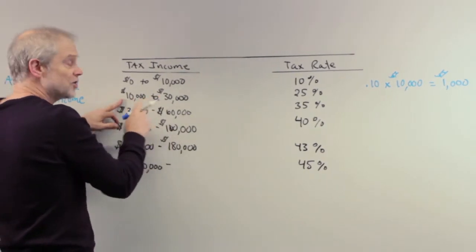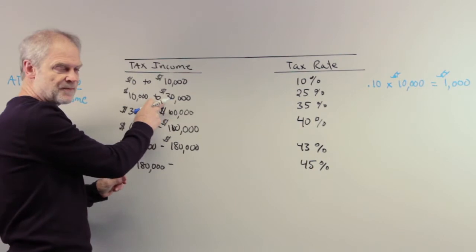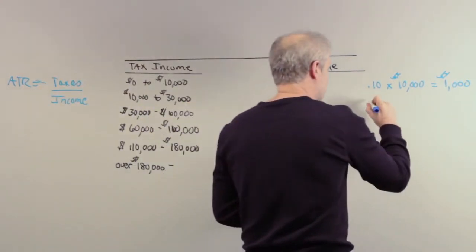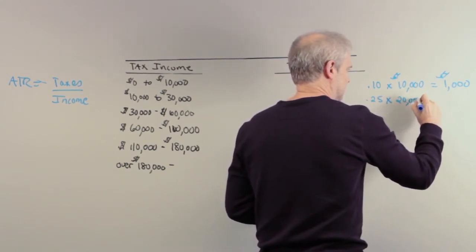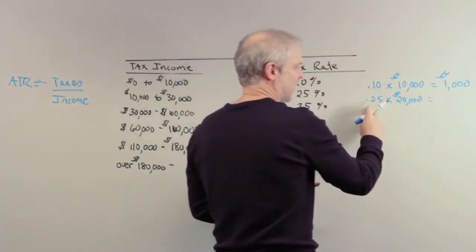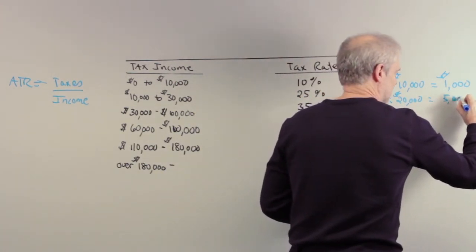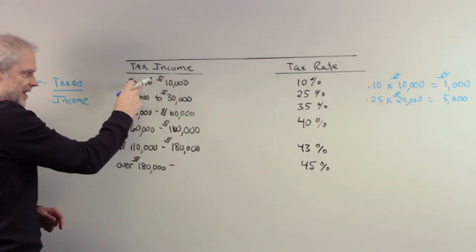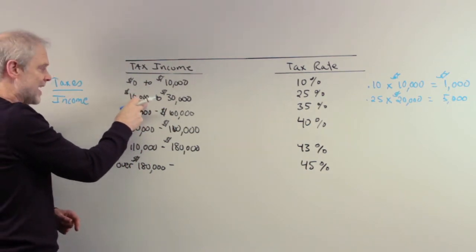Now, on the next $20,000, from income of $10,000 to $30,000, this person has a tax rate of 25%. So 0.25 times 20,000, a quarter of that, is $5,000 in taxes.